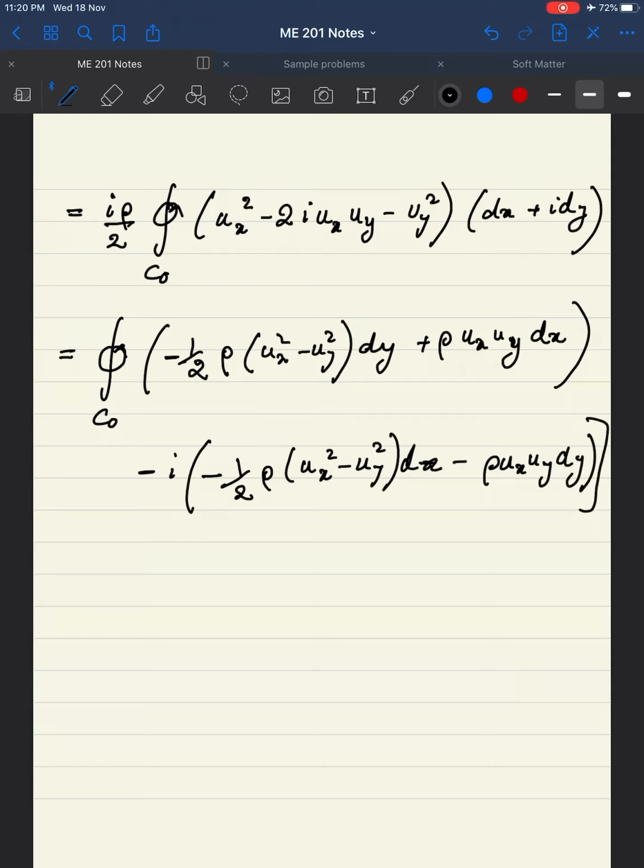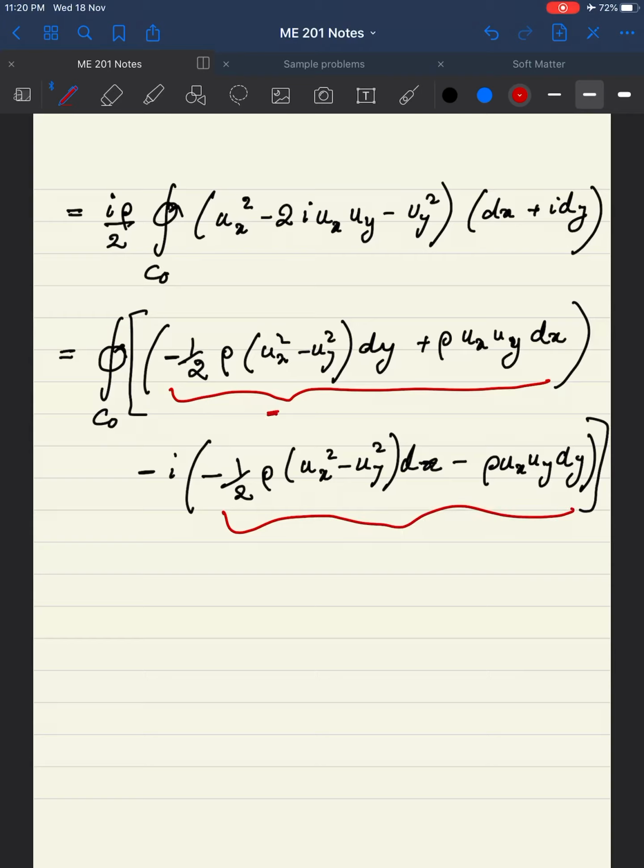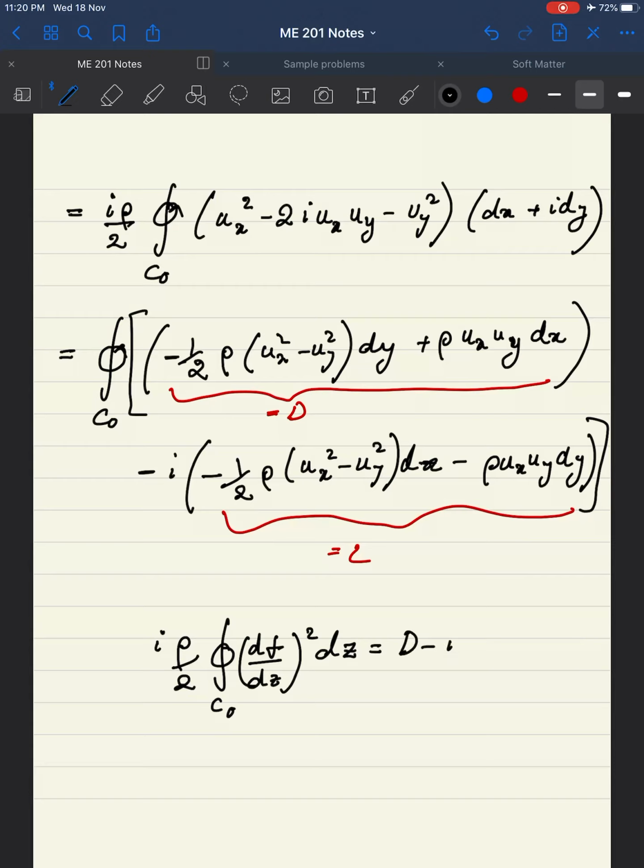This is what you will get, and if you compare with your previous write-up, you will see that this real part is equal to D and this imaginary part is equal to L. So if you substitute, you end up getting (i rho by 2) integral over C0 (df/dz)² dz equal to D minus iL.